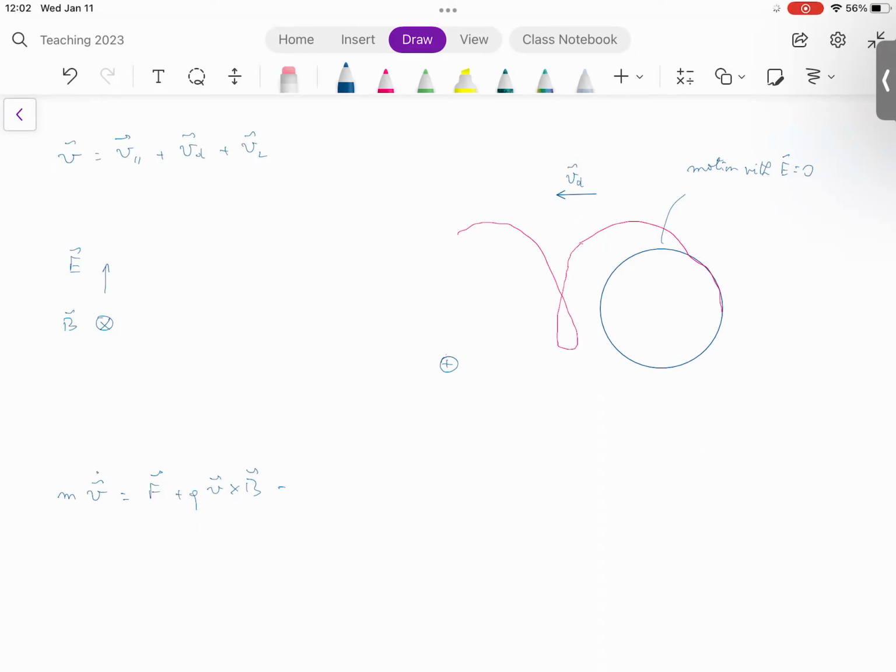Now, since the charge is a constant, I can write my equation of motion this way: put a charge in front of everything, then divide by the charge, put the force in, and then I have the V cross B term.